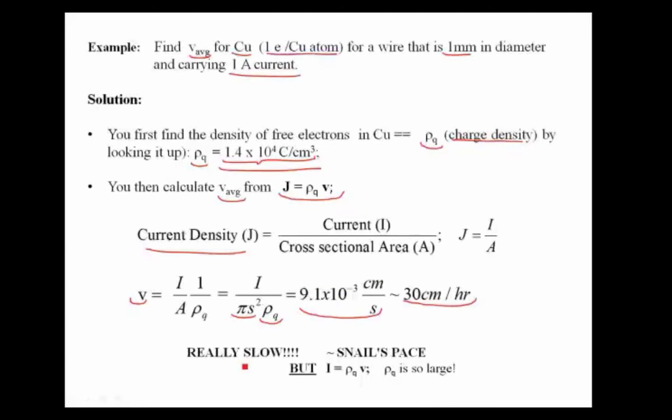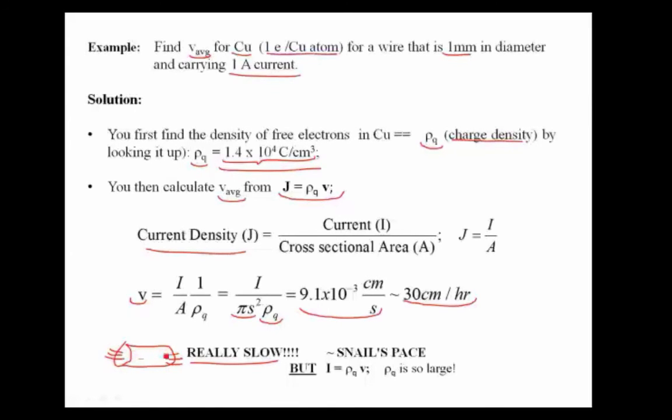As I show here, that's really slow. This is a snail's pace. How can this be? Well, you've got this wire. Okay, so here's the wire, and we have charge going in and charge coming out. The average velocity through this wire is this very small amount.